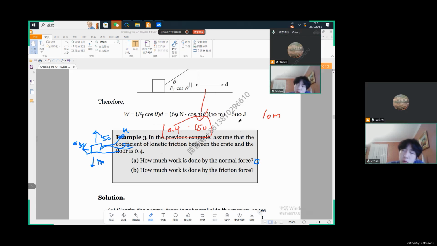So you have to actually find what exactly happened in this vertical direction. There's a component there, right? There's a 69 halves component there. So it's 150 minus 69 halves.